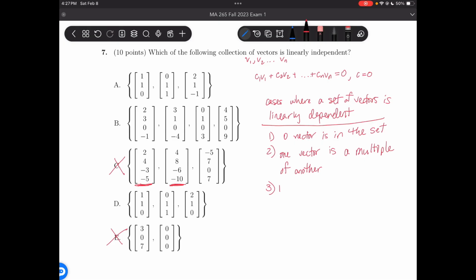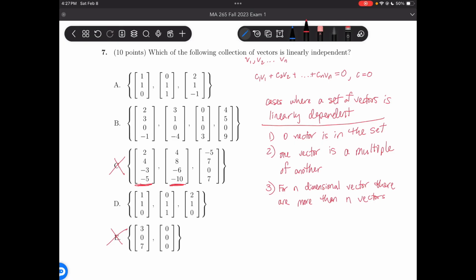Okay. The next would be if, for an n-dimensional vector, there are more than n vectors. So for example, if I have a set of vectors which is 1, 0, 0, 1, and 1, 1, those vectors are in R2, they're two-dimensional, but I have 3 vectors in my set.